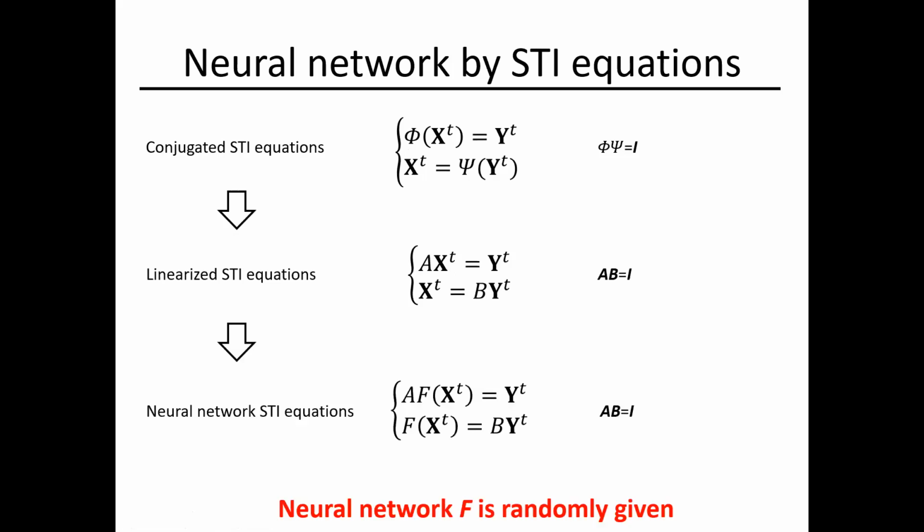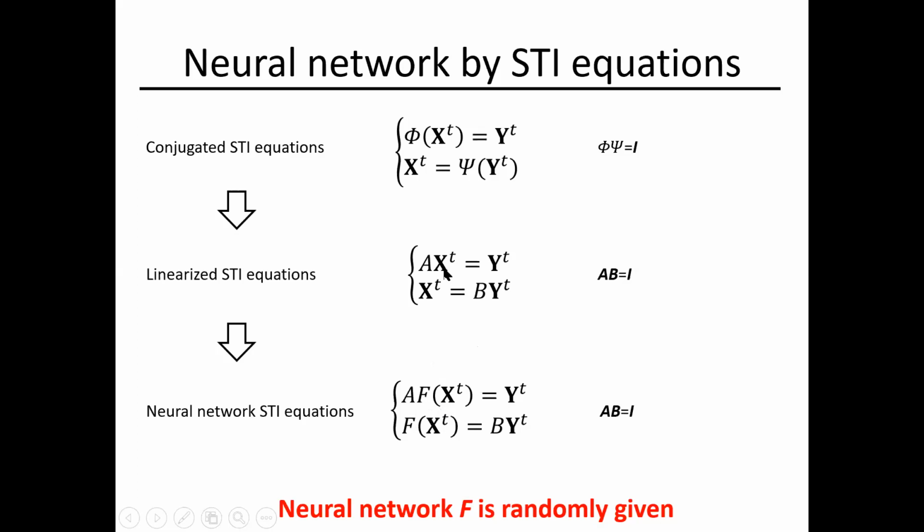So we are going to improve the linear system, because it is very easy to solve, but it has an accuracy problem. But we can compromise on this issue, so we use a neural network.